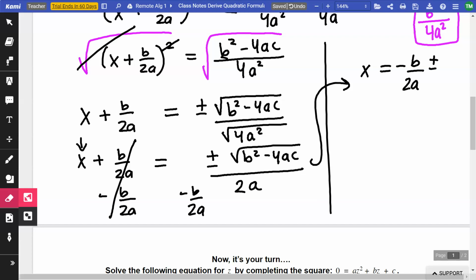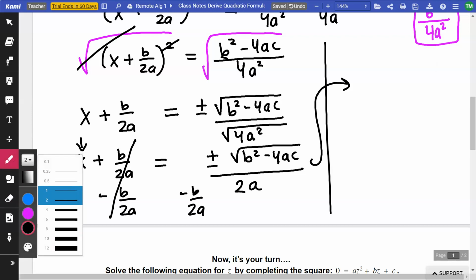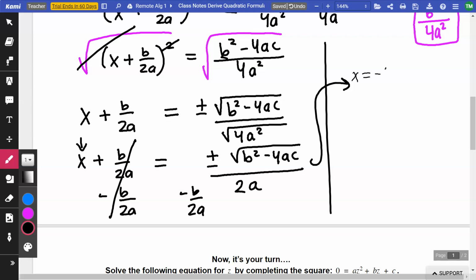I did not leave myself enough room to write this, so I am going to actually make my pen smaller and write smaller. So x is equal to negative b over 2a plus or minus the square root of b squared minus 4ac, all of that over 2a.